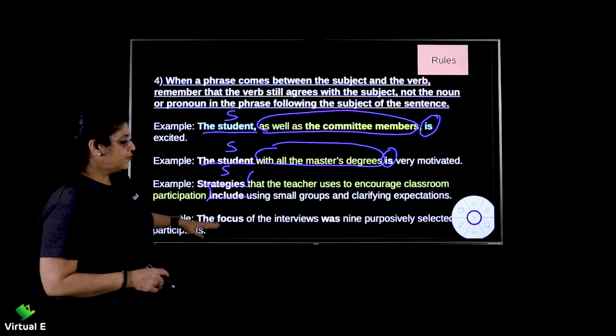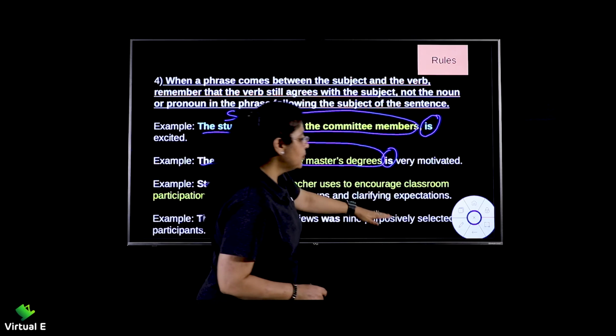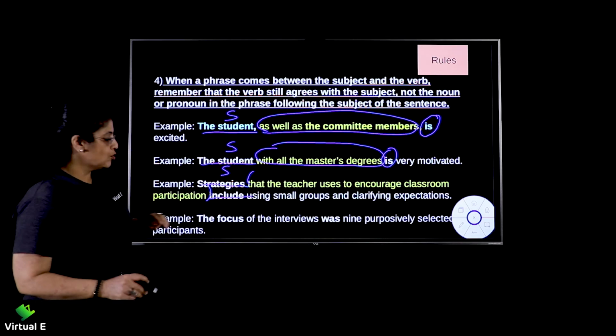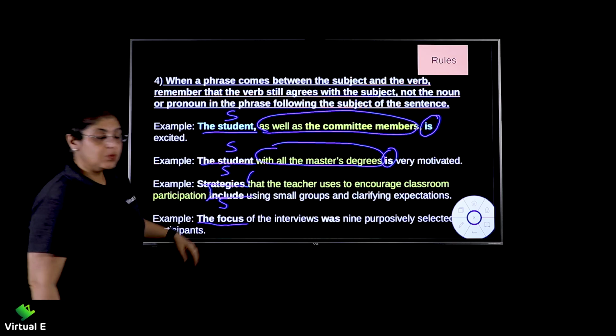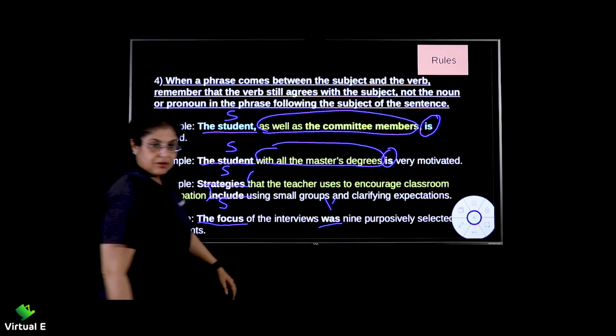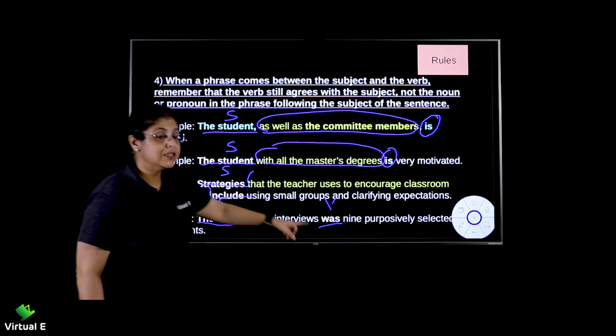Likewise, the focus of the interviews was 9 purposively selected participants. Now, look at this. What is our subject? Our subject is focus, right? Which is the verb? The verb is was. That's our verb, right? So, what is in between, of the interviews?